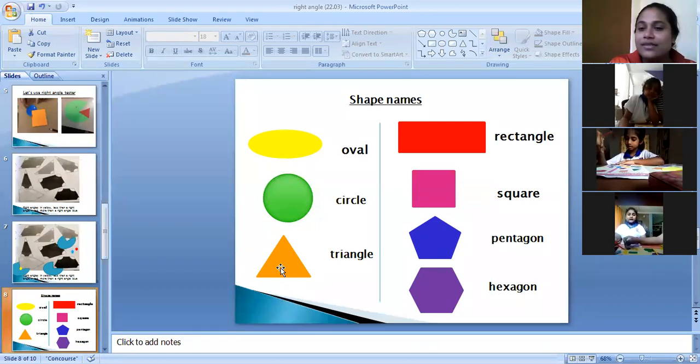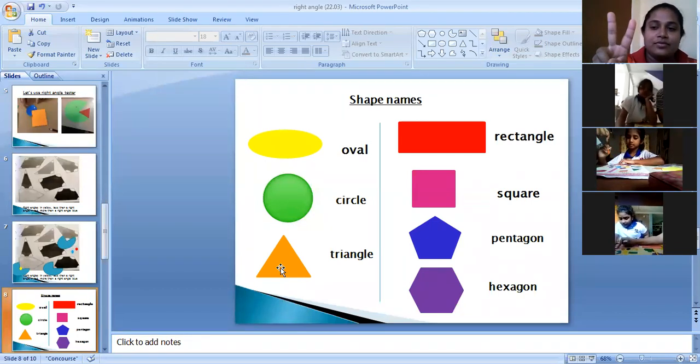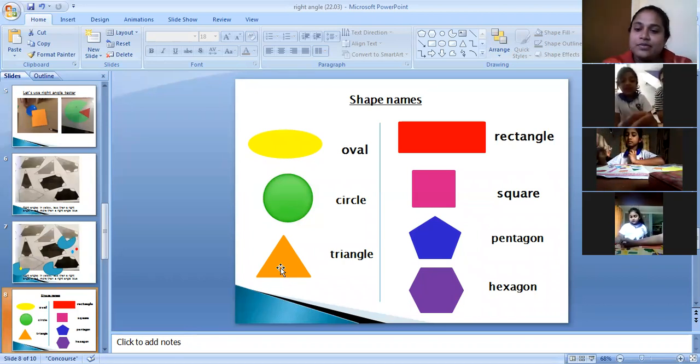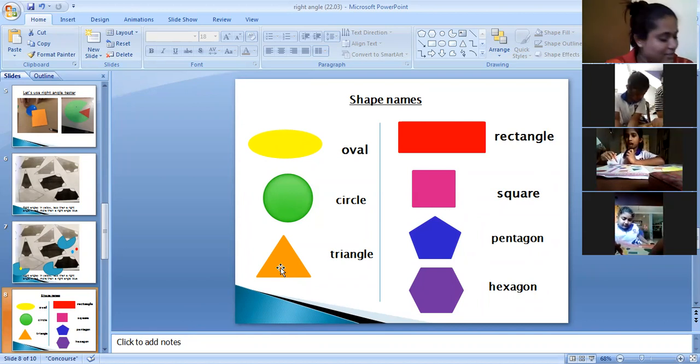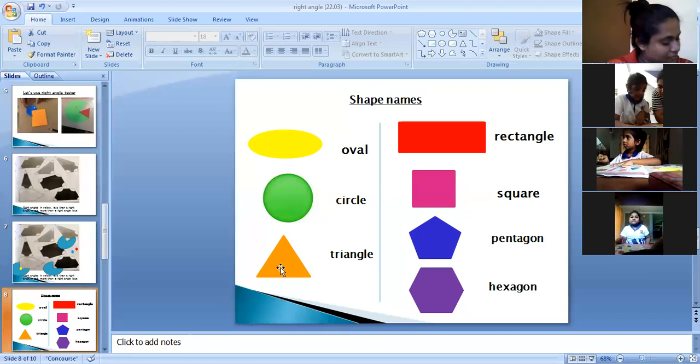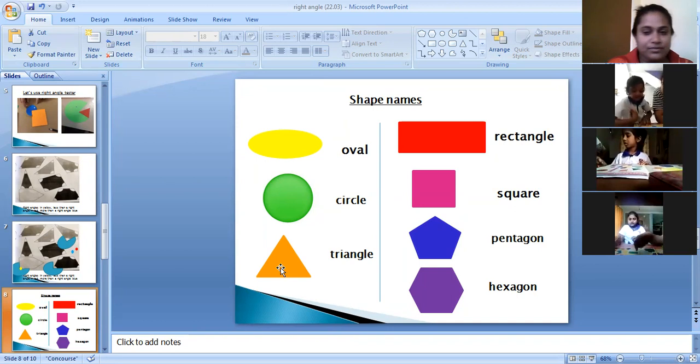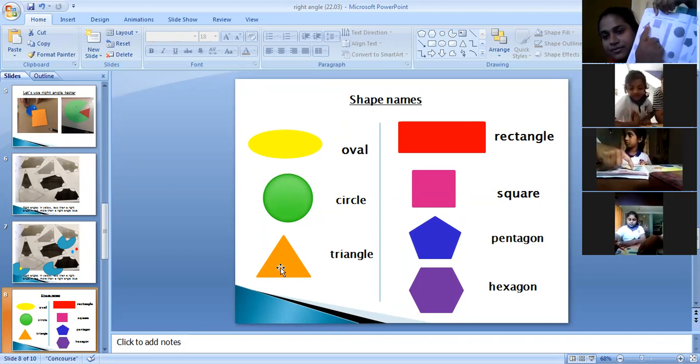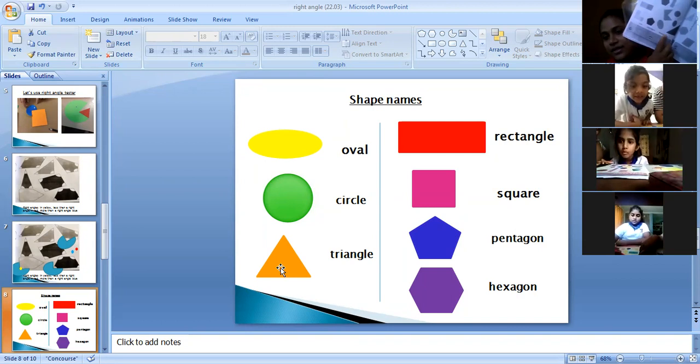There are 2 triangles. There are 2 triangles. Here, the first one, and here.